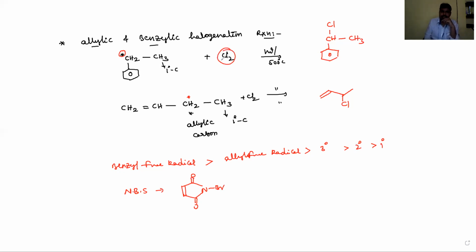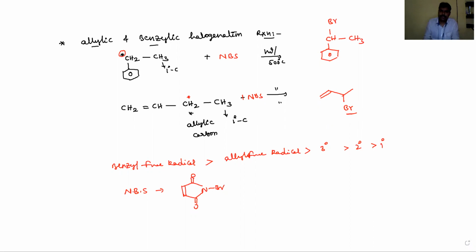So in place of chlorine, if you use NBS, the bromination will take place at allylic and benzylic positions only. Okay, this is about allylic and benzylic halogenation reactions.